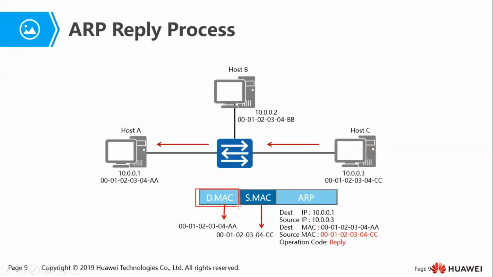Okay, so this is how the reply message is going to look. The destination MAC address is the MAC address of host A. Source is coming from C. Then the ARP header will look like this.